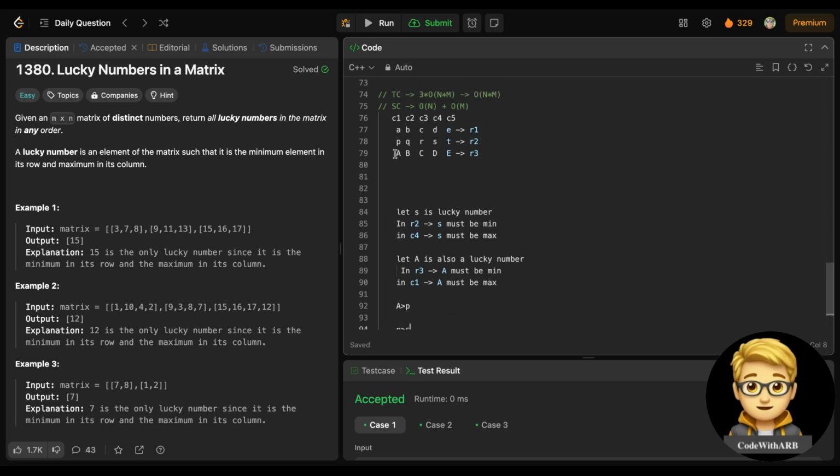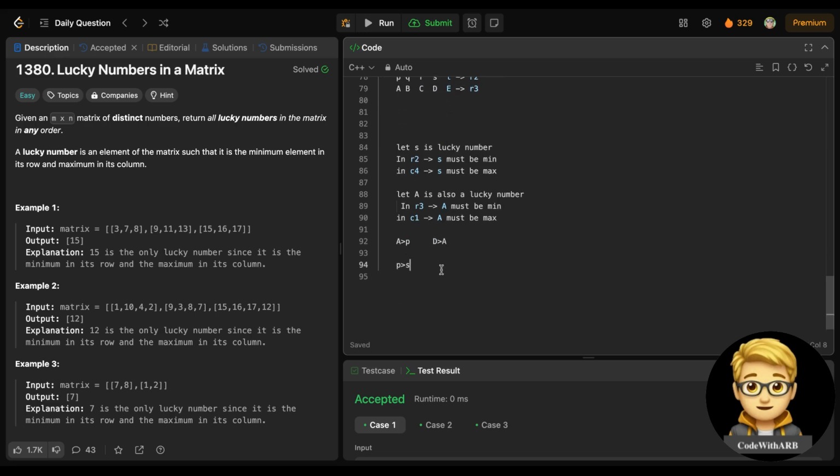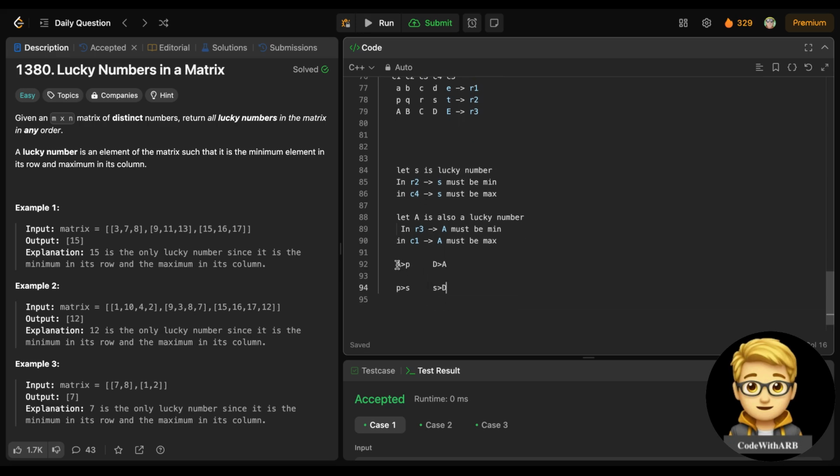But one thing is also sure, that in this row, if a is a lucky number, then a is less than d. So d is greater than a. But in this particular column, where d is lying, s is maximum. So s is greater than d, right? So we have d is greater than a, s is greater than d, but a is greater than p and p is greater than s.